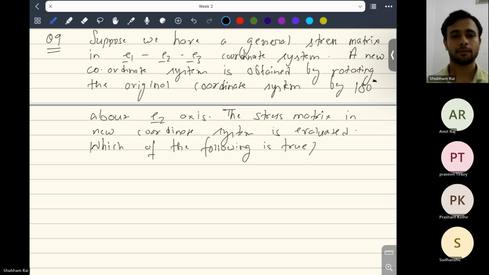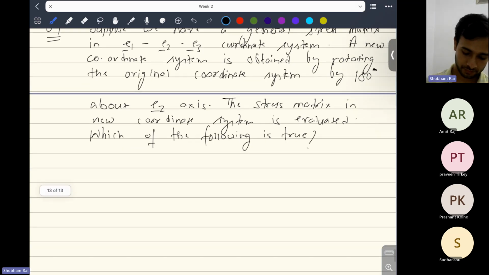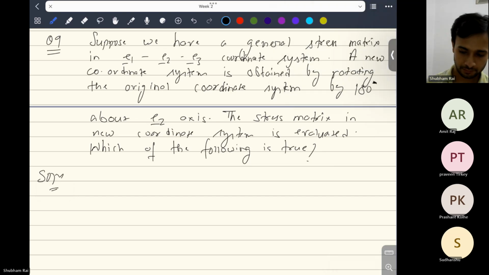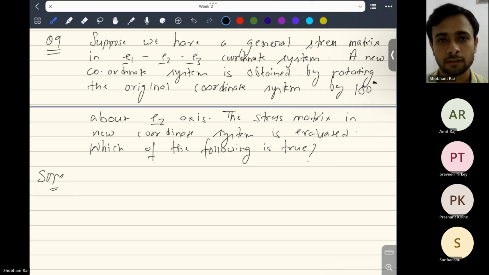Okay. So you have to firstly derive the rotation matrix.